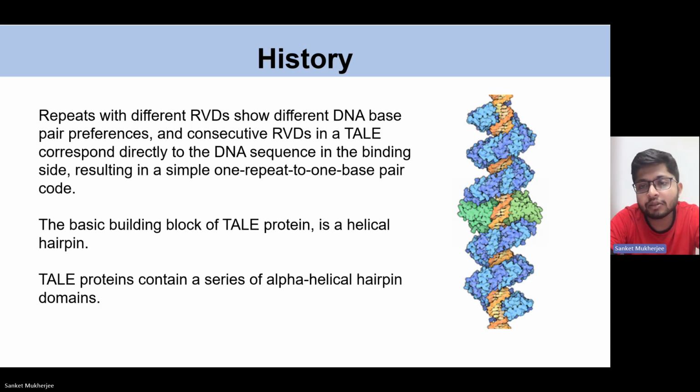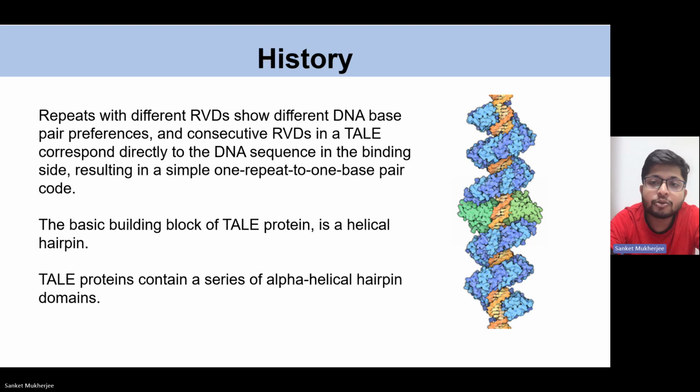These are dinucleotide, diresidue variable units which give these proteins specific information of which DNA to bind to. They show different DNA base pair preferences, and consecutive RVDs in a TAL correspond directly to a DNA sequence in the binding site, resulting in a simple one repeat to one base pair code.